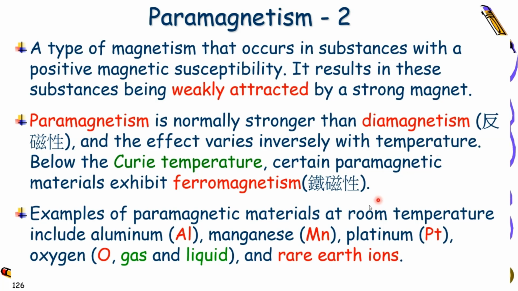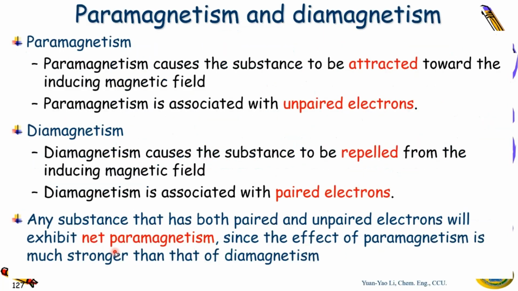Examples of paramagnetic materials are aluminum, magnesium, platinum, or oxygen in gas or liquid form. That is because, as we just introduced, oxygen has unpaired electrons in the anti-bonding molecular orbitals.